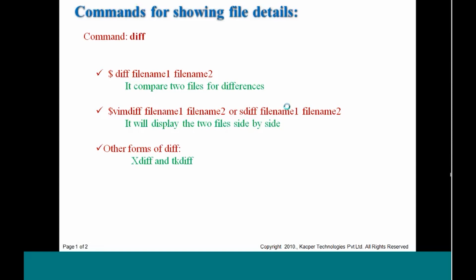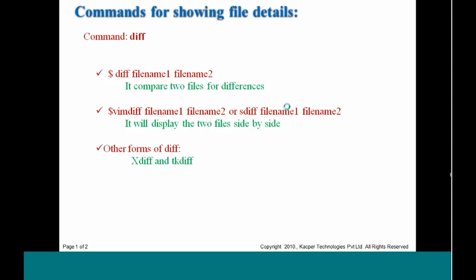Then there are specialized commands, vimdiff file name 1 file name 2 or sdiff file name 1 file name 2. These commands display the files side by side. Along with vimdiff, you can also have tkdiff, which uses the Tcl/Tk interface to create a UI so that you can compare those two files.